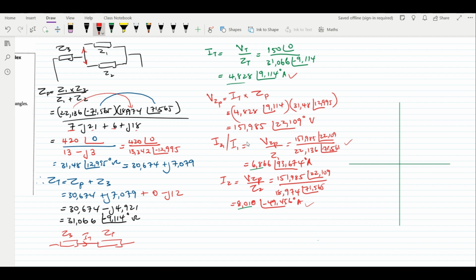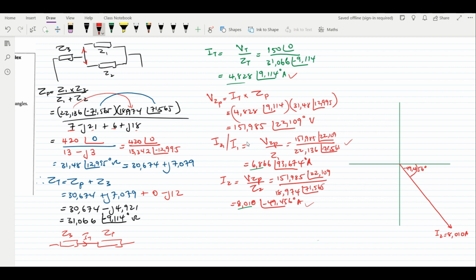I'm going to make it a bit longer like that. That will be my I2, which is 8.010 amps, acting at an angle of negative 49.456 degrees. Can you see that?